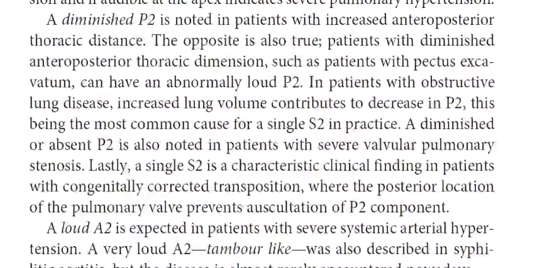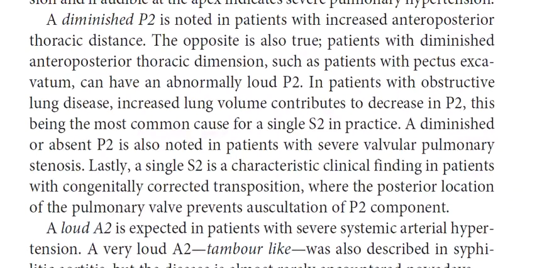A diminished P2 is noted in patients with increased anteroposterior thoracic distance. The opposite is also true. Patients with diminished anteroposterior thoracic dimension, such as patients with pectus excavatum, can have an abnormally loud P2. In patients with obstructive lung disease, increased lung volume contributes to decrease in P2, this being the most common cause for a single S2 in practice.